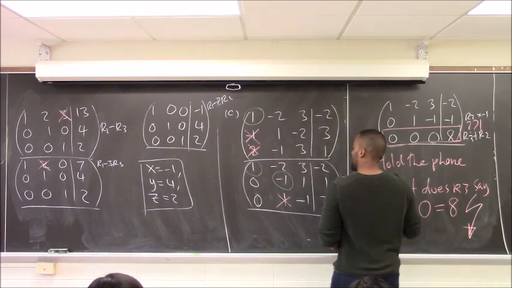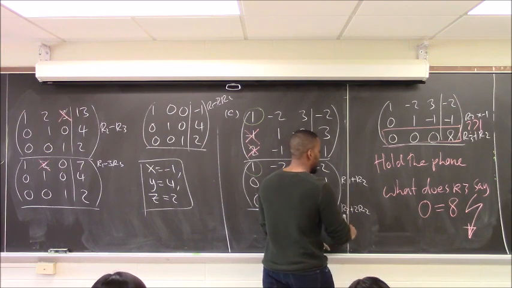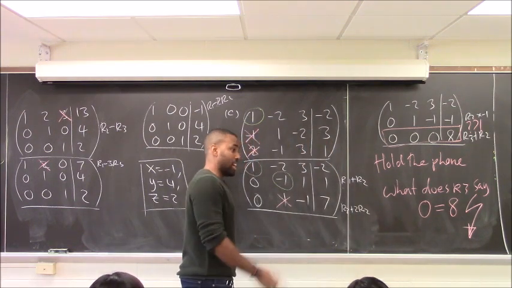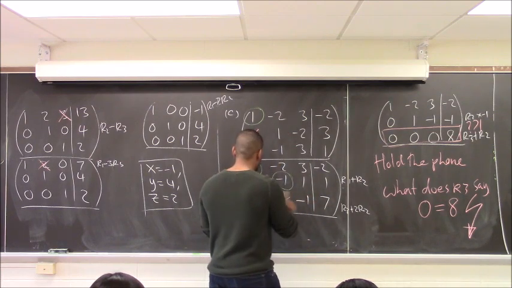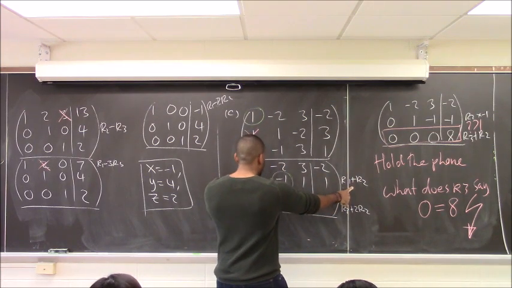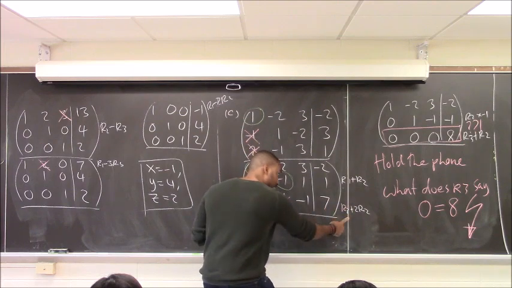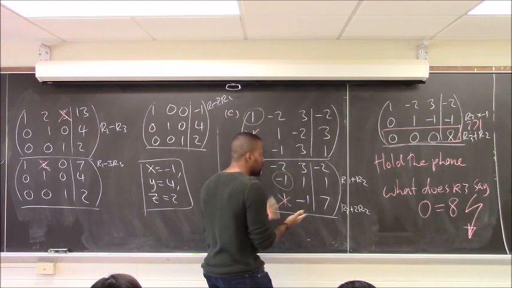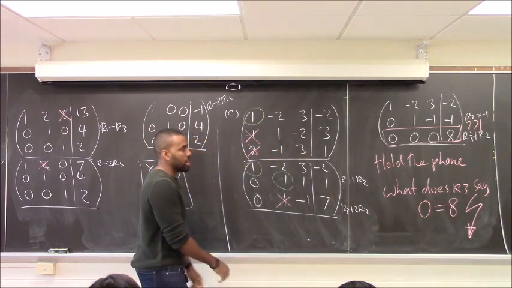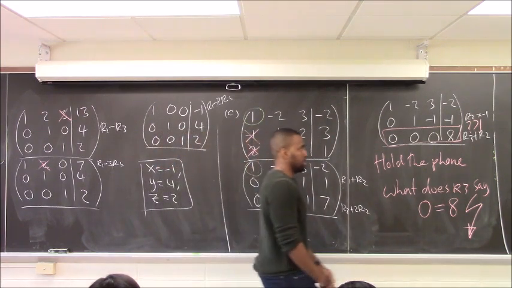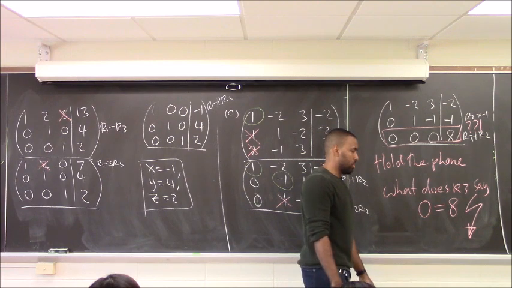So I go through, and the reason why we write this is for this kind of situation. You see something that's kind of off. You go through: okay, that's what I was supposed to do. Did I actually do that correctly? Yeah, that makes sense. You make sure you didn't make a mistake. And 0 equals 8.